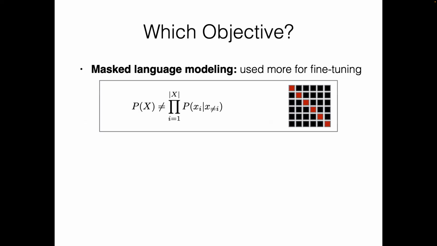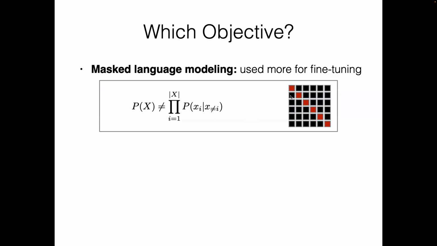So in terms of objectives, we're going to talk about two of them. First, we're going to briefly go over what's called masked language modeling. This was really popular in 2018. Typically, if you train a masked language model, and we'll talk about the details in a bit, you'll get a model and then you'll use it for fine tuning.